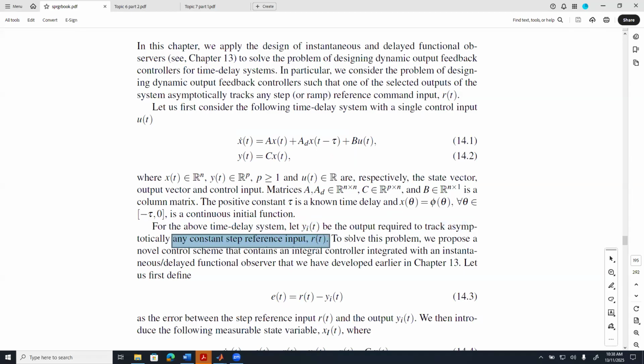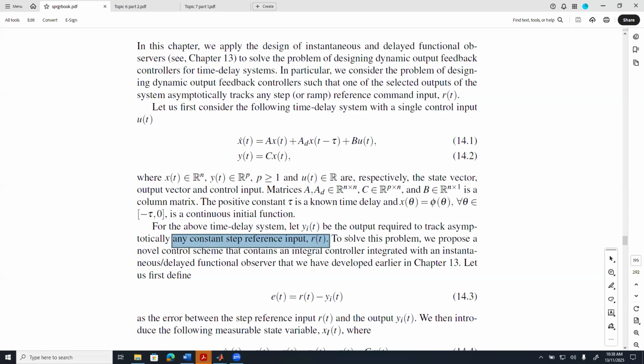It could be a step reference input, or a ramp type reference input. This kind of problem is very commonly found in process control.